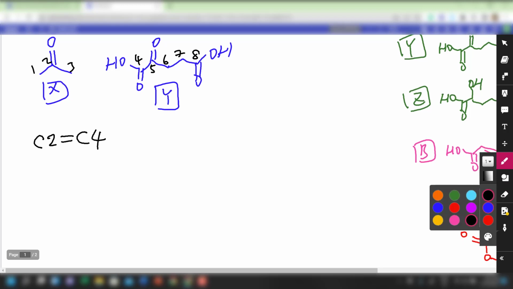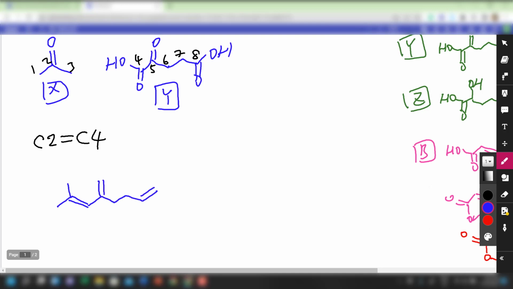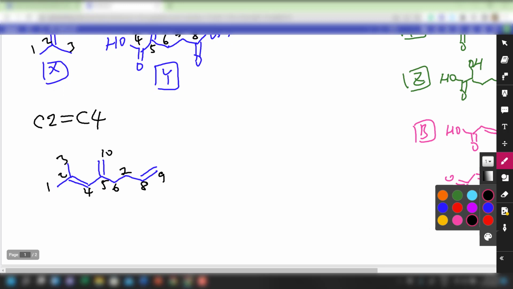So therefore a potential structure for U will be like this. I'm going to get this and then double bond, and then 6, 7, 8 and double bond. Okay, can you see that? So that will be 1, 2, 3, and then 4, 5, 6, 7, 8, 9 and 10.